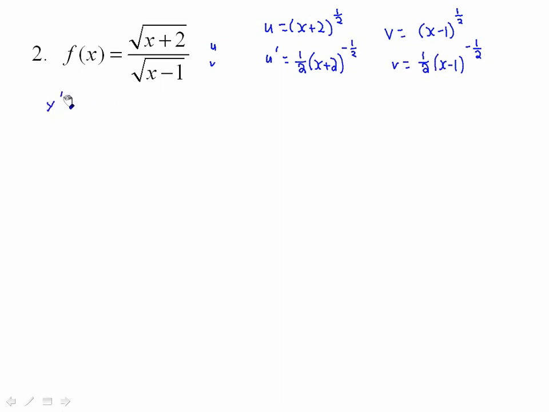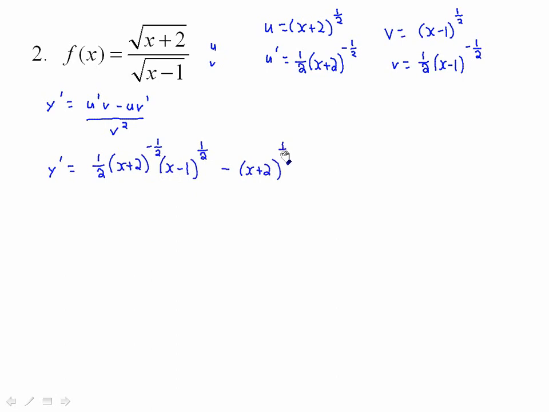So y prime is equal to u prime v minus u v prime over v squared. So y prime is equal to 1/2 times x plus 2 to the negative 1/2 multiplied by v, which is x minus 1 to the 1/2, minus u, which is x plus 2 to the 1/2, multiplied by v prime.